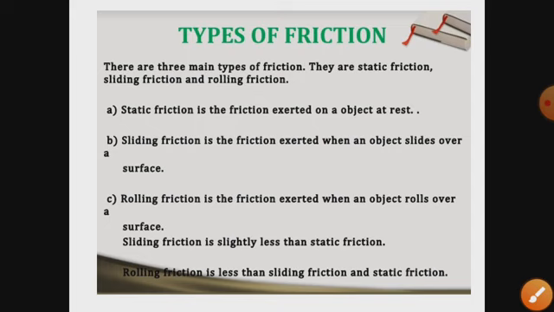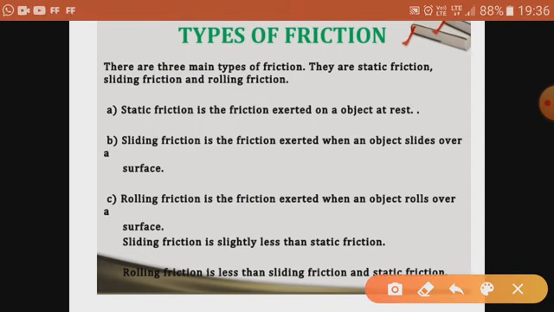Now we can see in this slide definitions are given. There are three main types of friction: static friction, sliding friction and rolling friction. Static friction is the friction exerted on an object at rest. If the object is not moving, for example the table is static, even then the surface of the ground has some irregularities, and the table also has some irregularities.